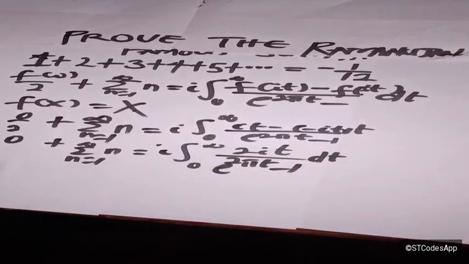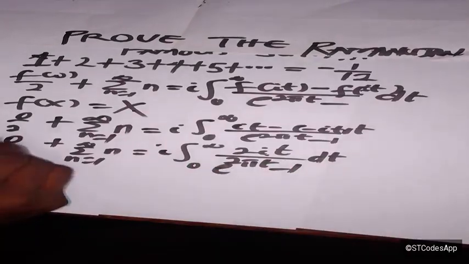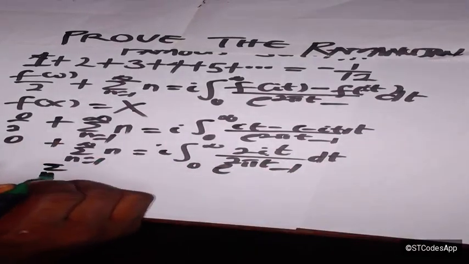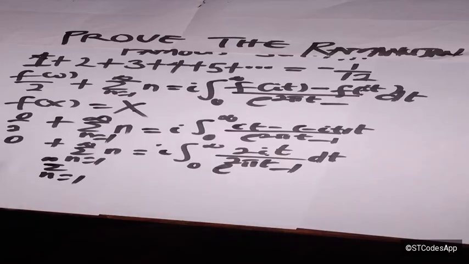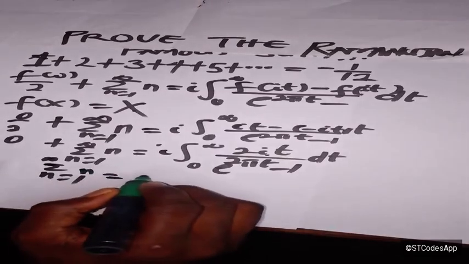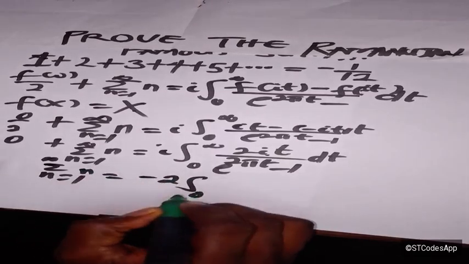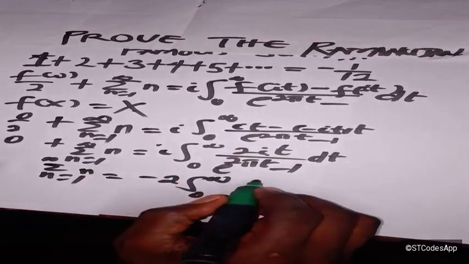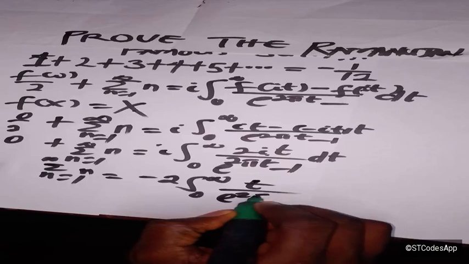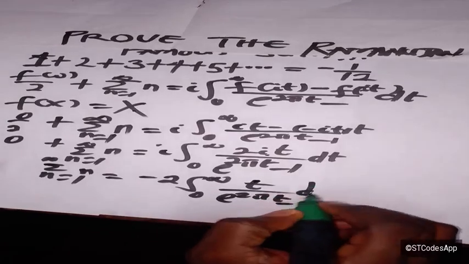We can see that 2i multiplied by i will be -2. So the summation of n from 1 to infinity of n is equal to -2 times the integral from 0 to infinity of t over e raised to the power of 2πt minus 1 dt.